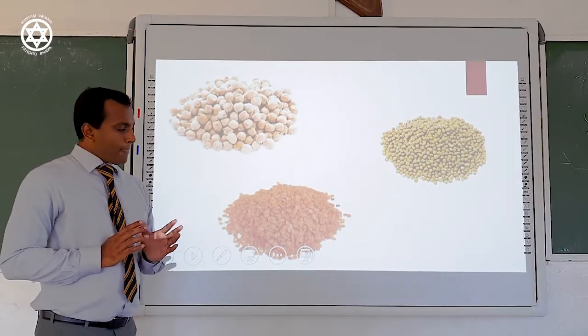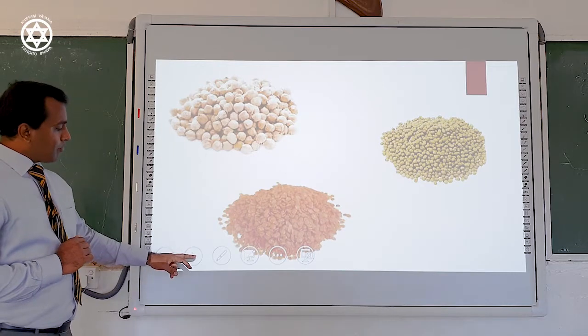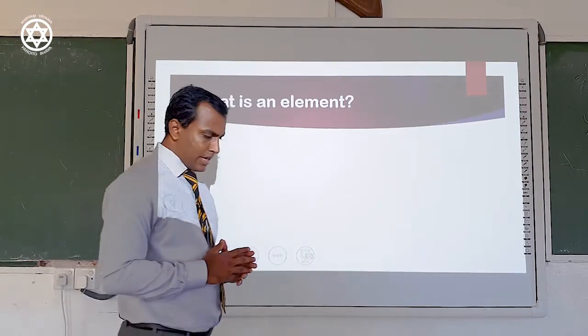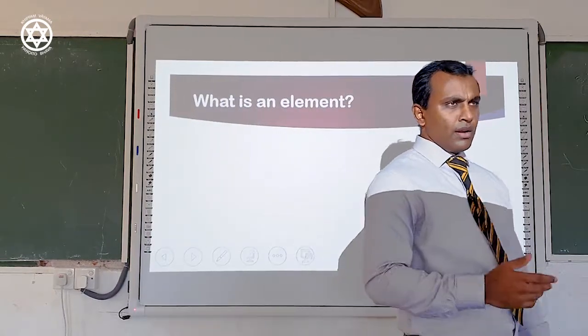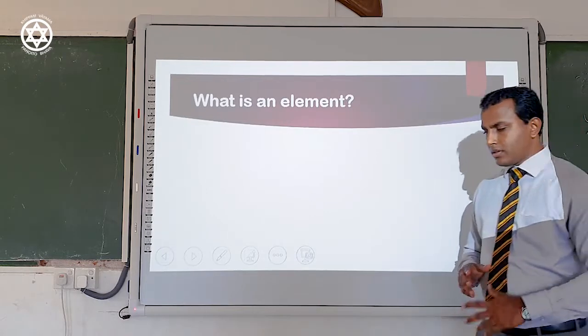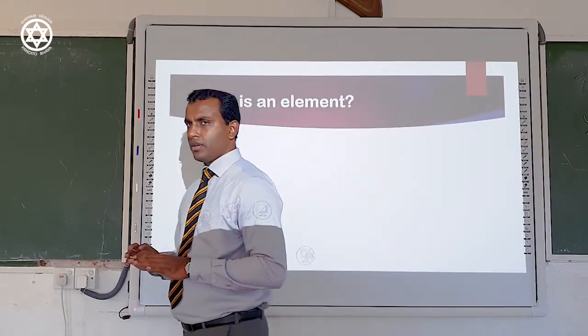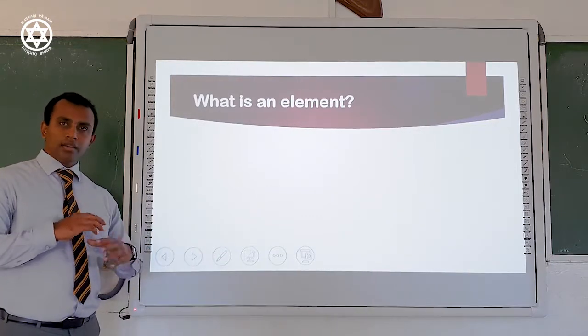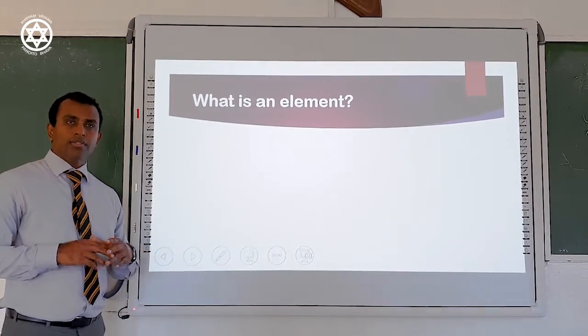So, very first, we will need to learn what we mean by an element. You have learned since grade 8, 9, as well as in 10, an element is a pure substance which is built by the same kind of atoms.